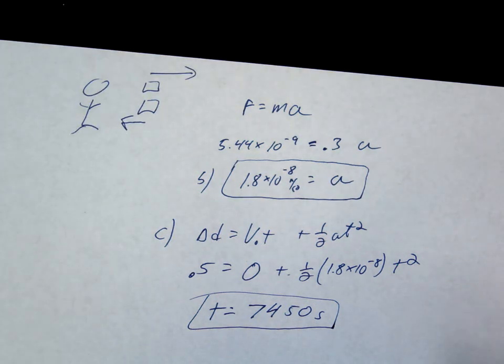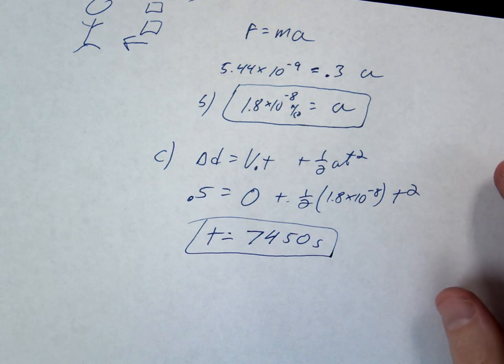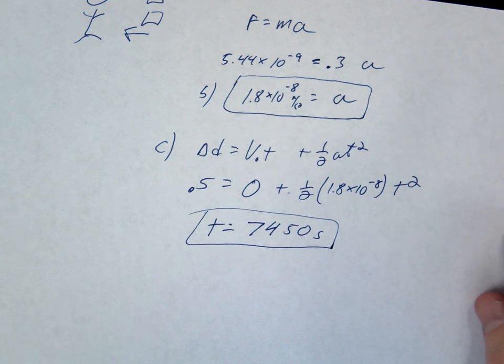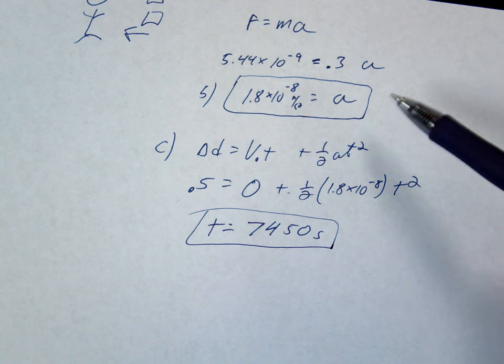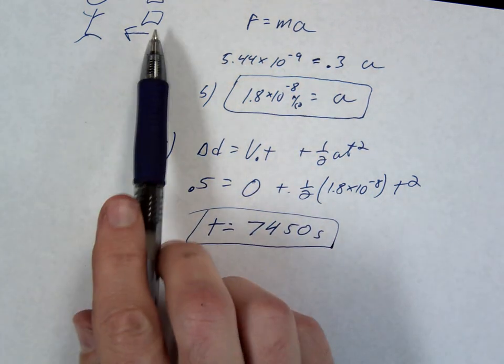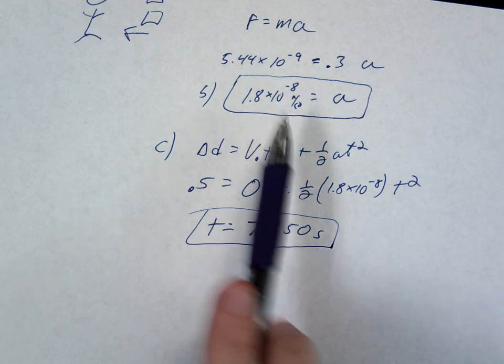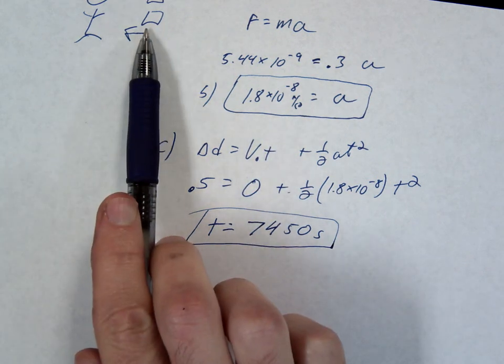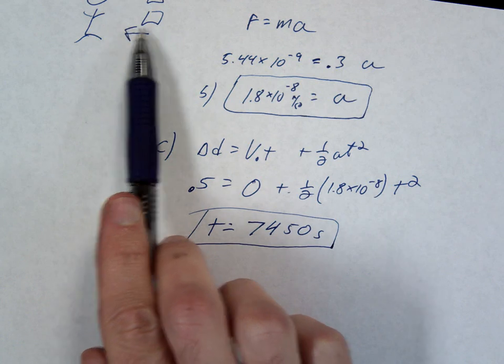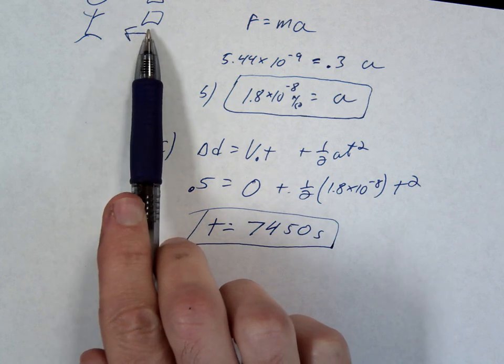Shouldn't it accelerate as it gets closer? Start going faster as it gets closer. Good. So this was the acceleration at this location, 1.8 times 10 to the negative 8. As the calculator gets closer, what happens to its acceleration? It increases.